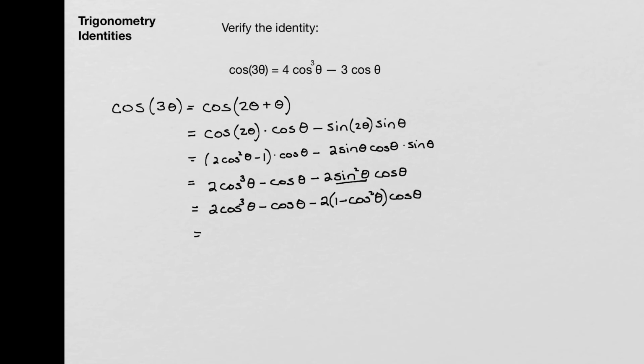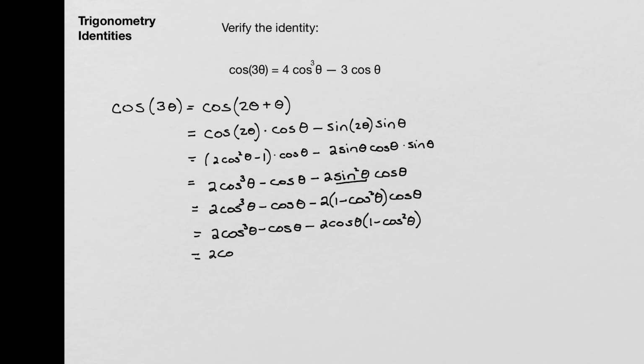All right. And so then I have 2 cosine cubed theta minus cosine theta minus, and you might want to take an extra step and just rewrite this as 2 cosine theta times 1 minus cosine squared theta. It's a little jarring to try to distribute a factor from both sides into the parentheses at the same time.